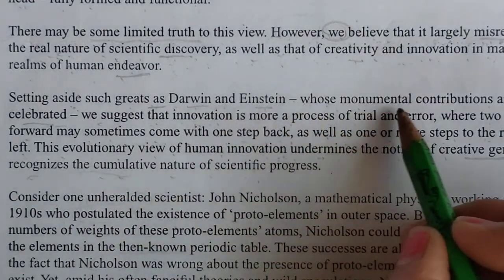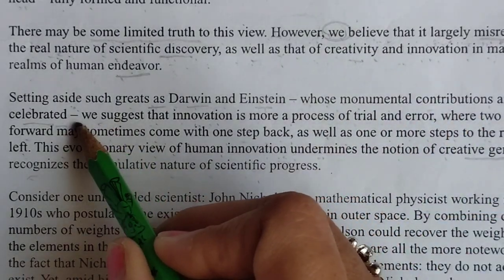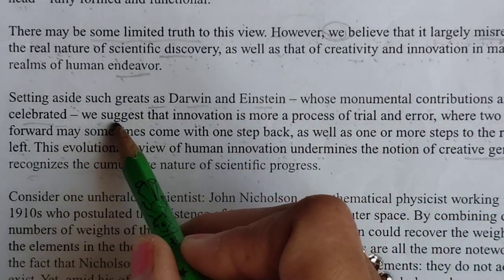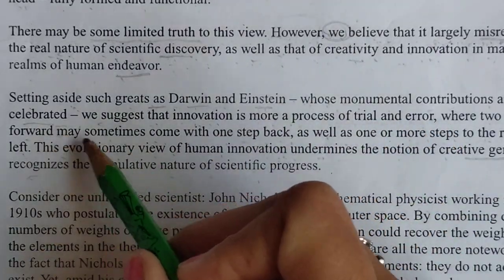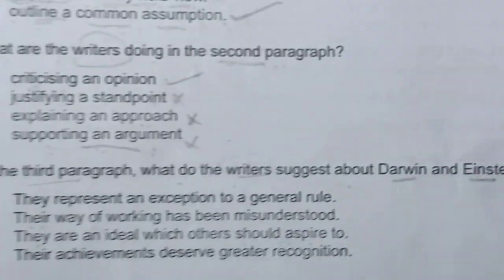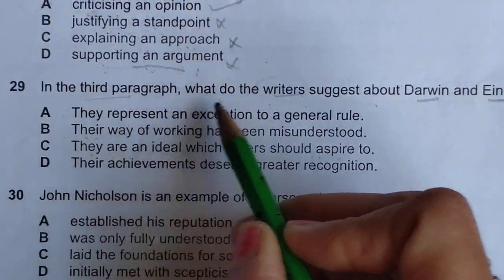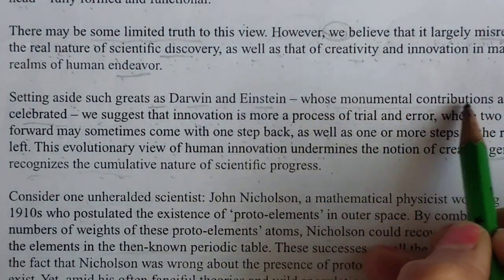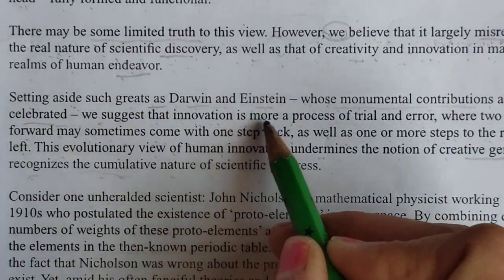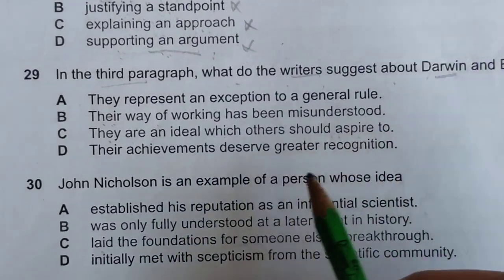So these persons are already celebrities, and we suggest innovation is a process of trial and error whose two steps forward sometimes come with one step back. About Darwin, they are talking about, they are duly celebrated. We suggest that innovation is this thing they were saying.